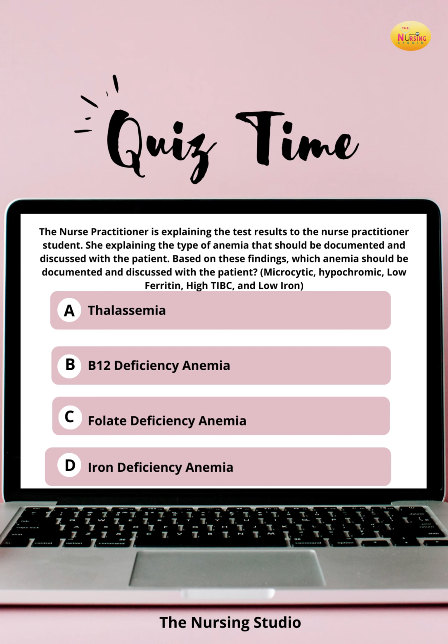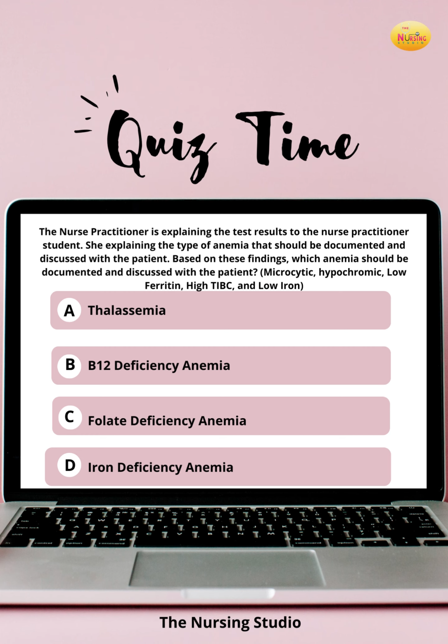Now, how do they differentiate? So thalassemia, the ferritin and iron levels are going to be normal because that's not what's affected here. But with iron deficiency anemia, it's low, right? Ferritin being your iron stores, and then your iron levels, they're low because you're deficient in iron, right? And your total iron binding capacity is high because it's the opposite.